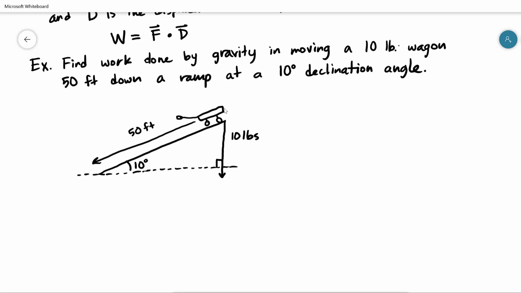We can get a right triangle out of this, and I want to know what this angle is, because this is the angle that is between the direction of actual displacement. So this direction over here, this is my displacement vector D. It's 50 feet in that direction, and this is the one over here for the force.